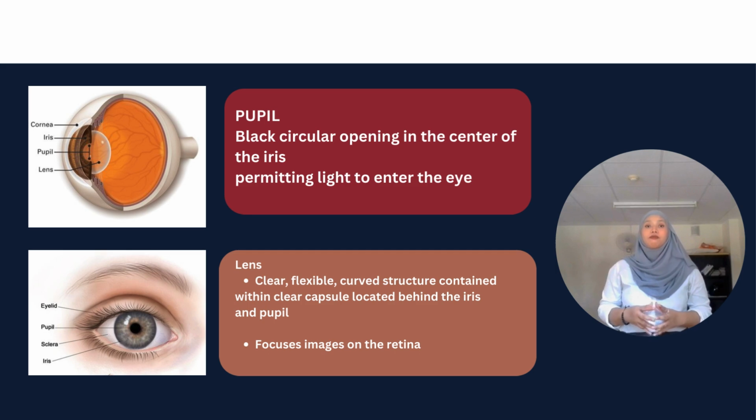It works by bending, or refracting, light, further building on the initial bending done by the cornea. By changing its shape, the lens can adjust its focus for objects at different distances, near or far. This ability is called accommodation. Overall, the cornea and lens work together as a powerful focusing team, ensuring light rays are precisely directed onto the retina for proper vision.